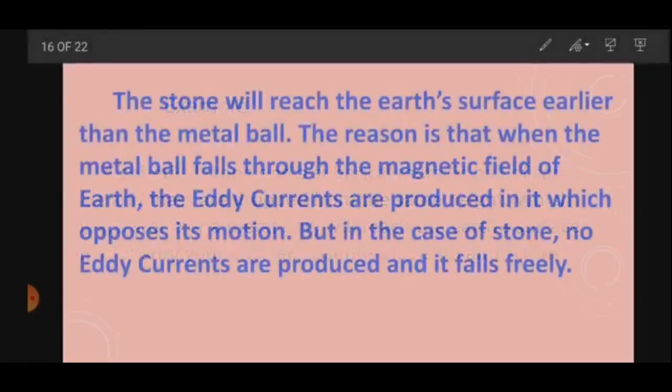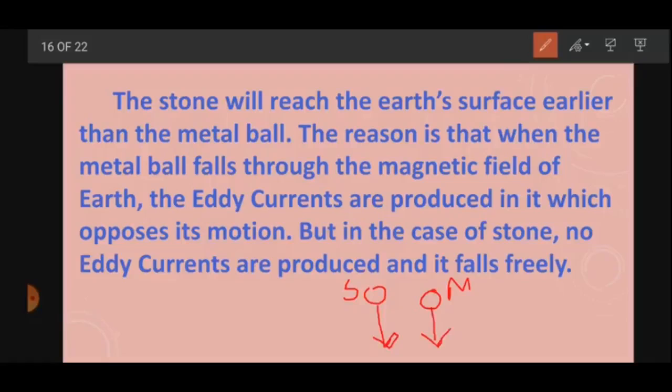Now take two objects. This is a stone object and another one is a metal object. Both objects have the same mass and same size. Now drop them from some height. Which one will reach the ground?